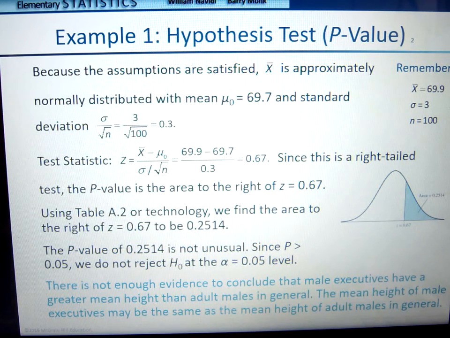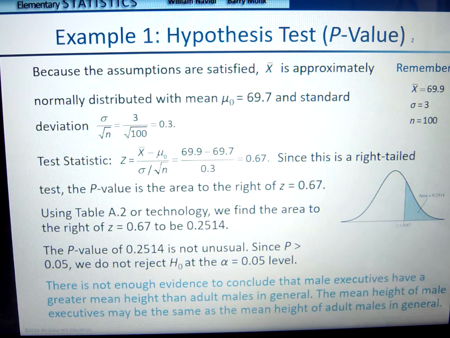Our test statistic then would be our 69.9 minus 69.7 all over our 0.3, and we have a 0.67. This is a right-tailed test.